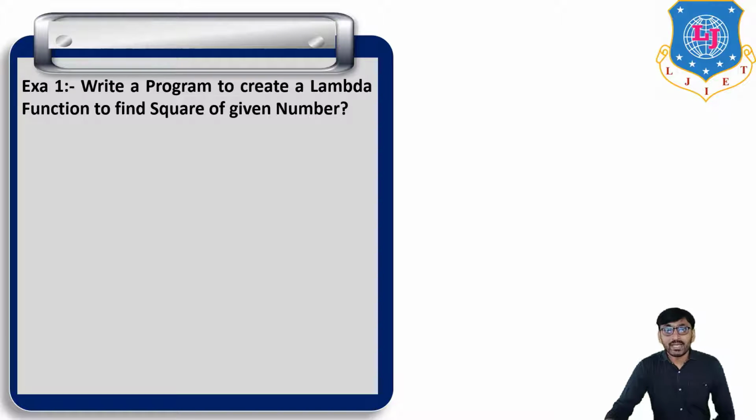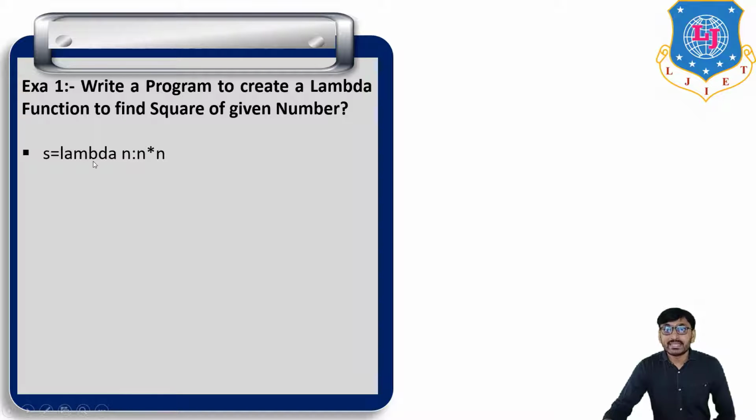Now example number 1 of lambda function. Write a program to create a lambda function to find the square of a given number. In this example, one number is given. We find out the square of the given number by using a lambda function. So the first line: s is equal to lambda n: n into n.